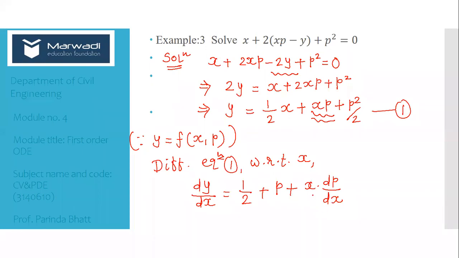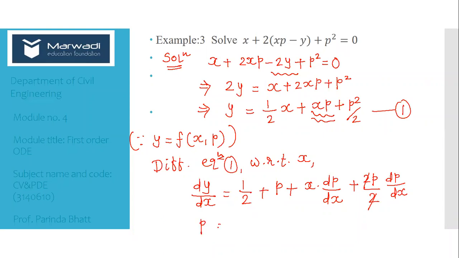And plus p square differentiation is 2p dp by dx. This divided by 2 as it is, therefore 2 cancels.